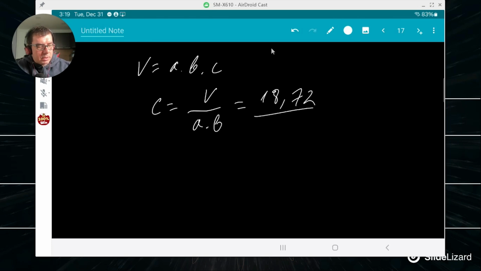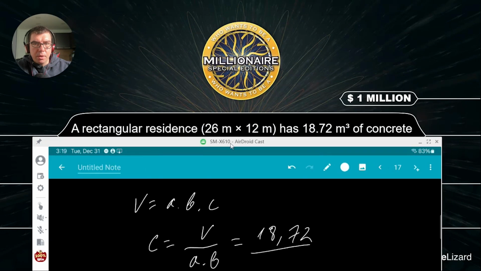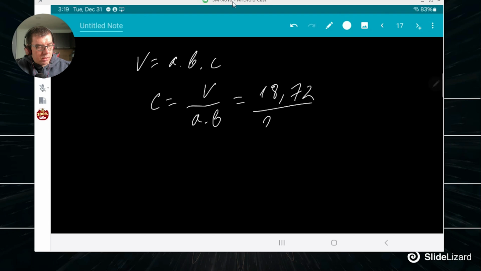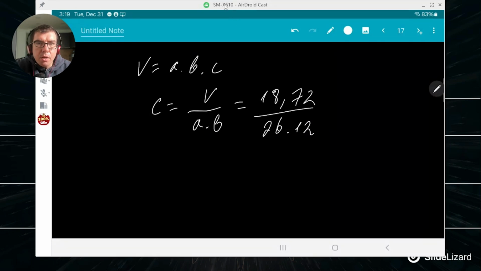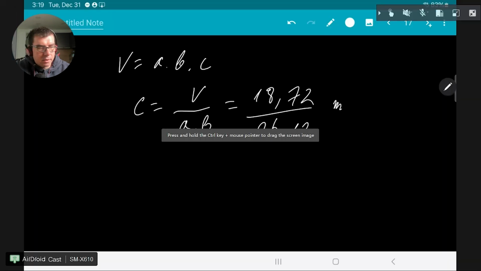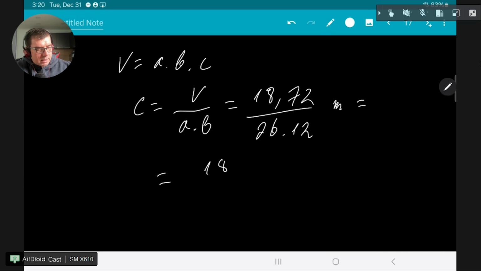So 18.72 divided by 26 times 12. And now we are going to get the answer in meters, right? So in order to convert it into centimeters, we just multiply by 100. So this is going to be 1872 over 26 times 12 in centimeters now.